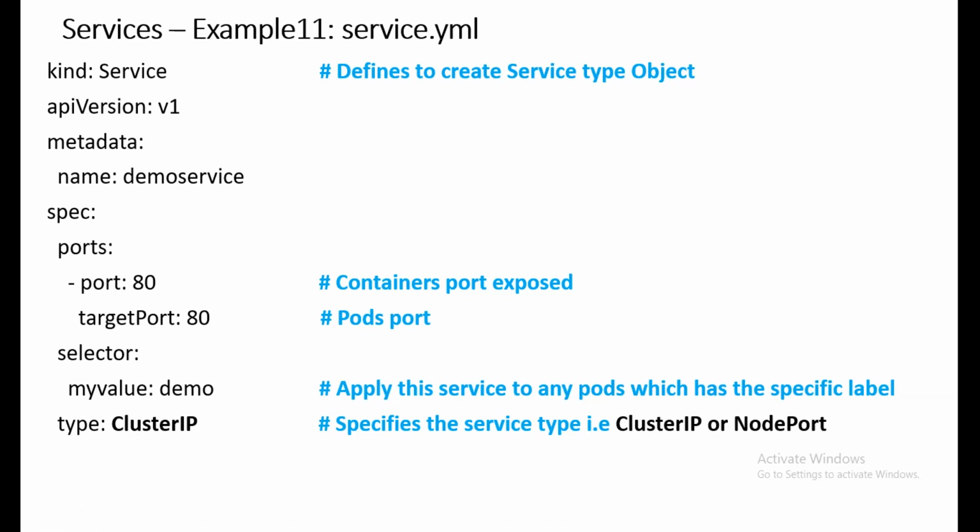But now the question comes is, how does a service know what is the pod to which the traffic should be redirected? So that's where, you recall, for every pod or a deployment object, we will give a label, right? So that label is what exactly you are going to give as a selector. So first, you need to create a pod, whether you directly create a pod or using a deployment object or a replication object, that is secondary.